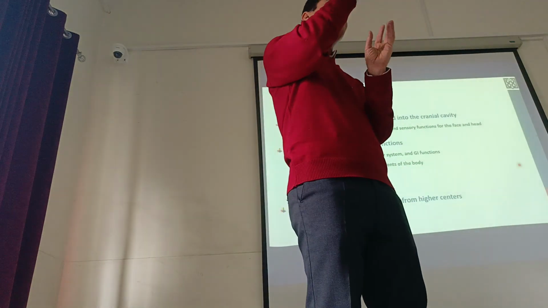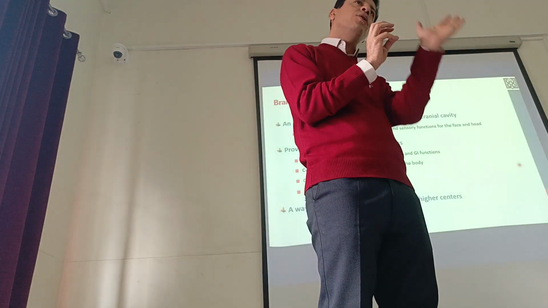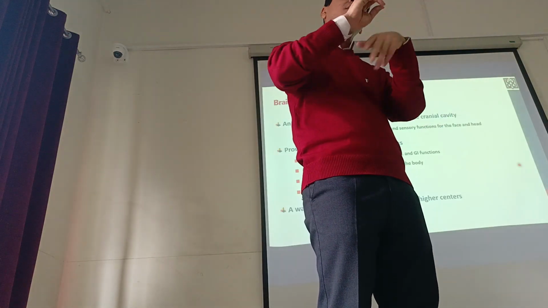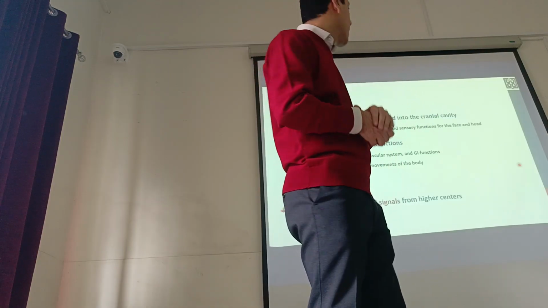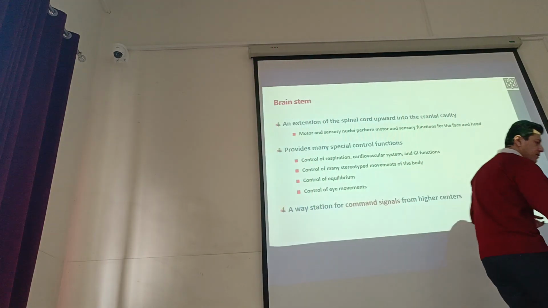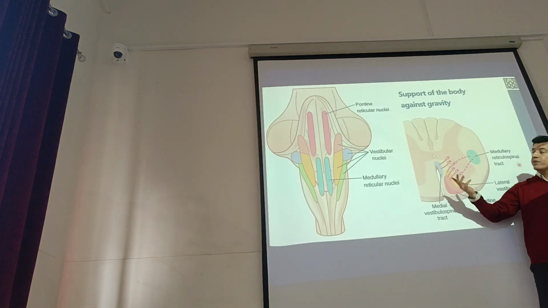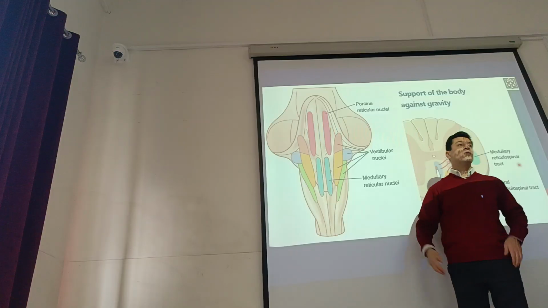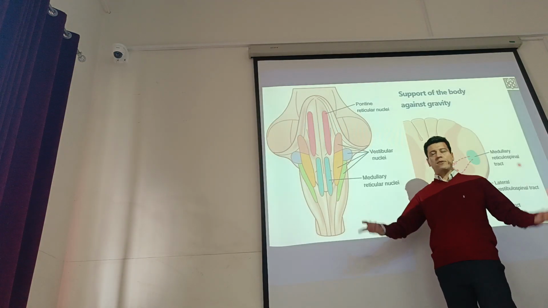So these are some centers that have motor functions, but you know them already. Today I want to talk about something else in the brainstem. We have several areas in the reticular formation that are important for control of the posture of the body, the general position of the body.